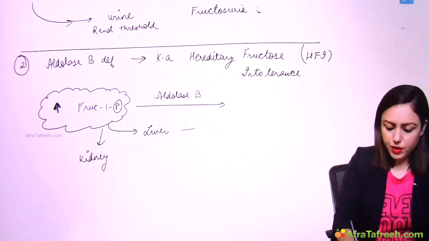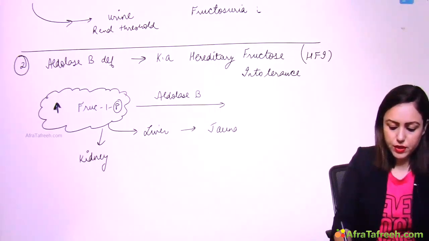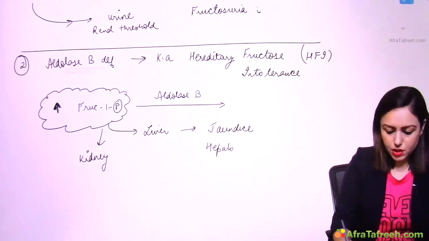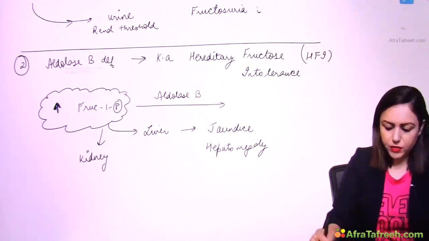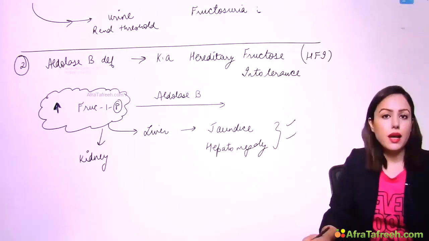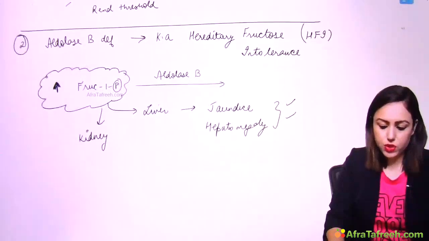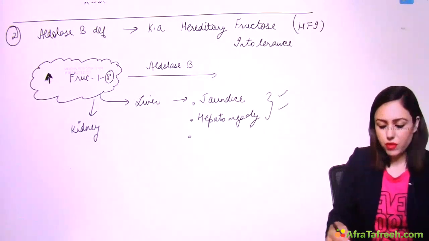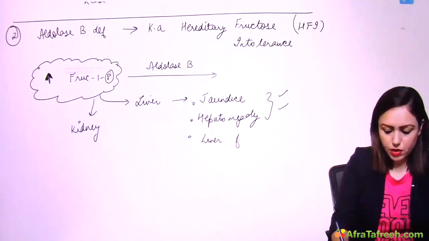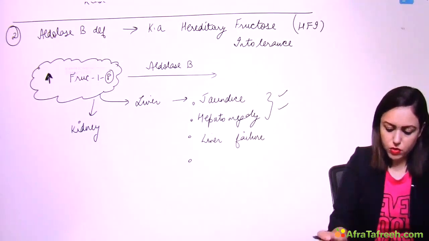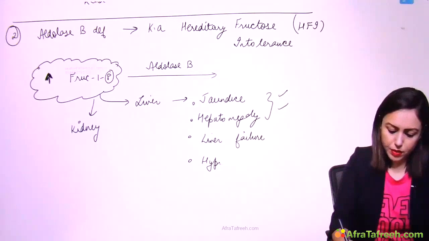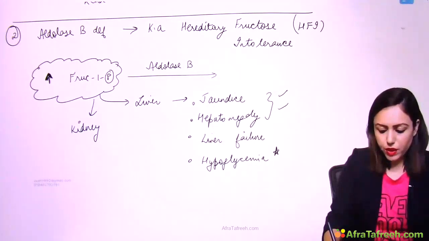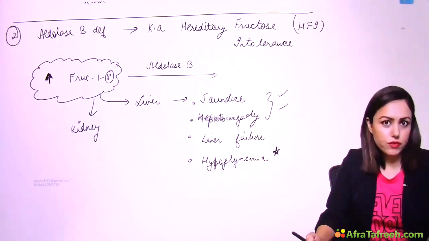When it is accumulated in liver, the patient's signs and symptoms will be jaundice and hepatomegaly. These two were present in classical galactosemia also, right? Other features from liver, if not treated, then liver failure can occur. Also, hypoglycemia will occur. This point I explained in the glycogen video.